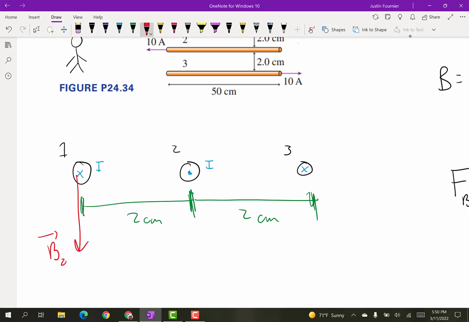Then the magnetic field due to wire 3 on wire 1 is going to point upward. I have it smaller because the currents are the same, but the distance from wire 3 is twice as far, so it's going to be smaller. This is magnetic field 3.